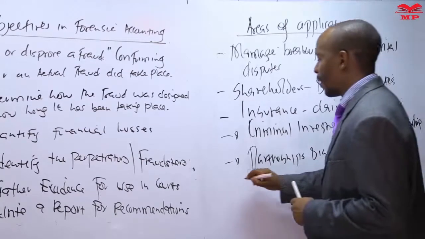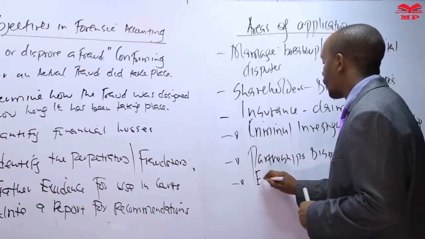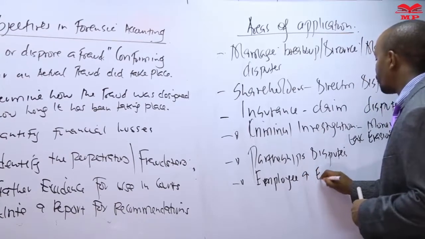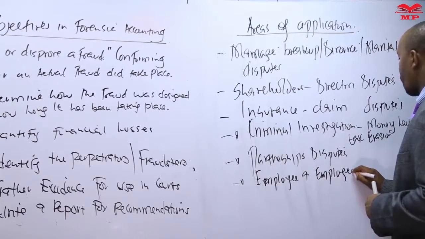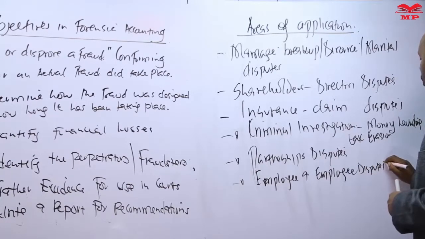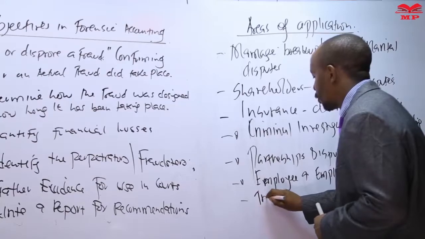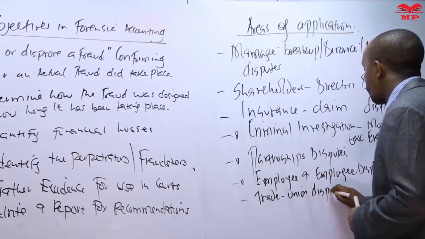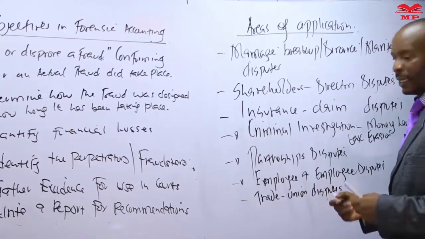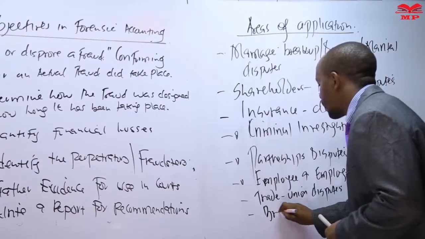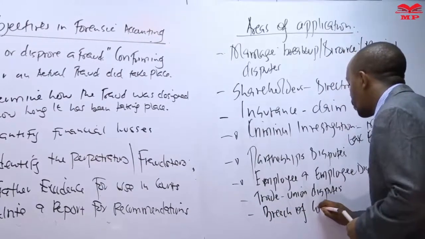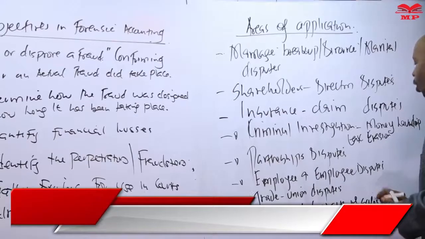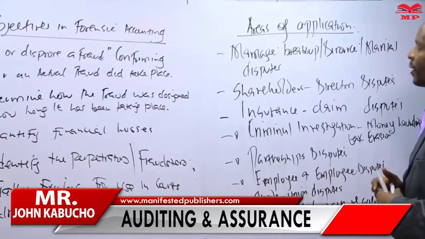You can also bring other issues, for example employer and employee disputes, trade union negotiations and disputes, and buyer and seller disputes, such as breach of contracts of sales. In all these we can engage the person we are referring to as a forensic accountant.